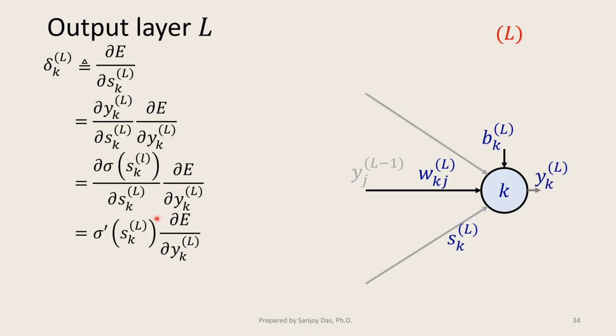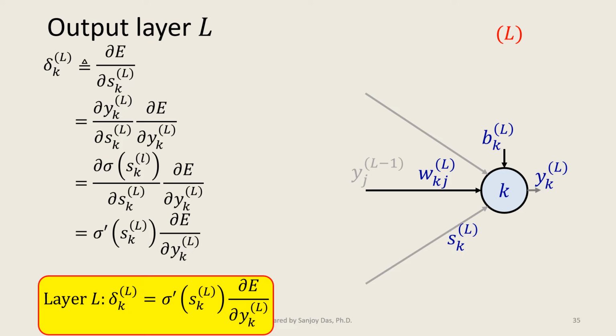Now this derivative here, partial loss over partial yk, can be easily computed because yk is nothing but the kth element of the output of the entire neural network, and the loss will be directly, explicitly defined in terms of the output y. So this is readily obtained once you know the expression for the loss function. So this is an important expression, so let's highlight it here.